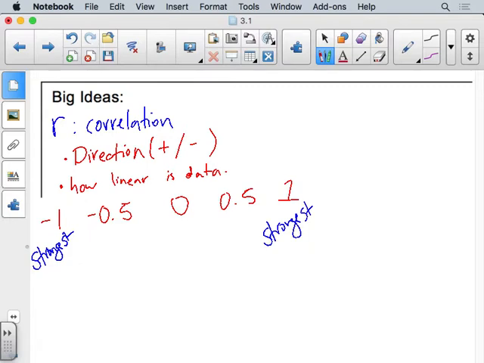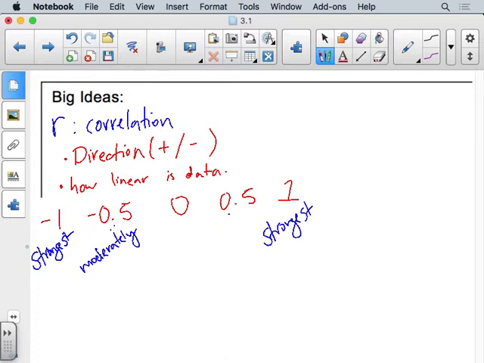If you're somewhere like 0.8, I would maybe say fairly strong. The word I would use for the 0.5, or the ones that they like to say, is moderately strong. So you're not that strong at all, so you're moderately strong.